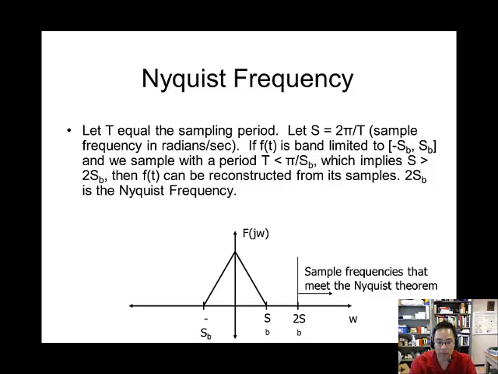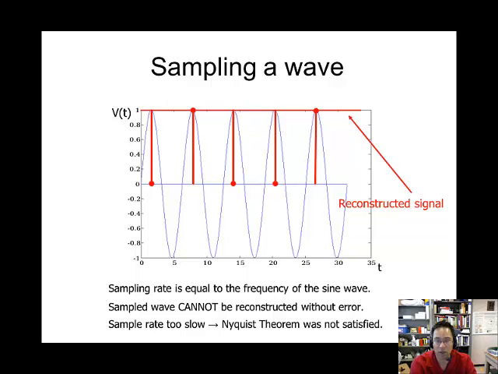If you have a band-limited signal, where ωs is equal to 2π over T, and T is the sampling period, we need to make sure that we've met this restriction for sampling. So we have to sample at least at what they call the Nyquist frequency, or twice the highest frequency of the signal. Here is a time domain representation of this.